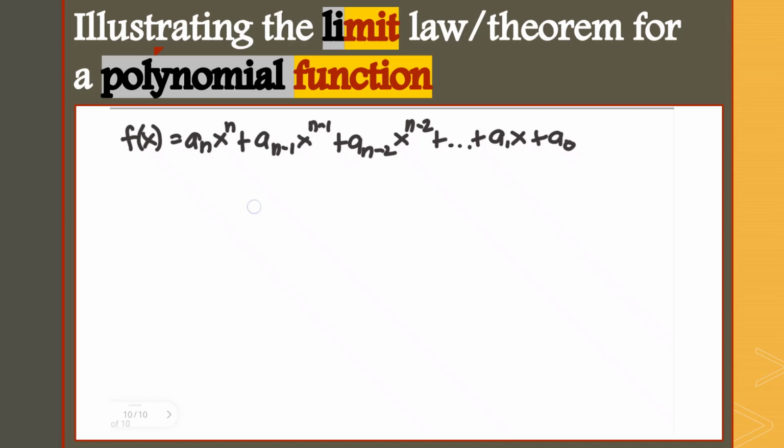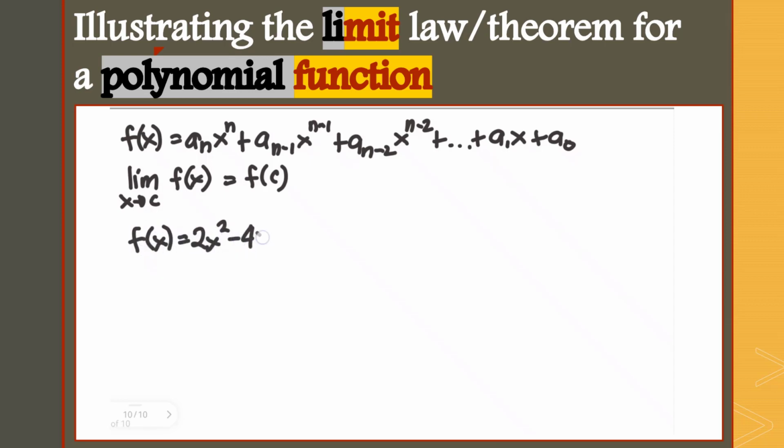The limit of this function, according to this theorem, as x approaches c, is just equal to f of c, the direct substitution of the value of c on our given function. Let's illustrate this using a given example. Let's say our function here is 2x squared minus 4x plus 5.